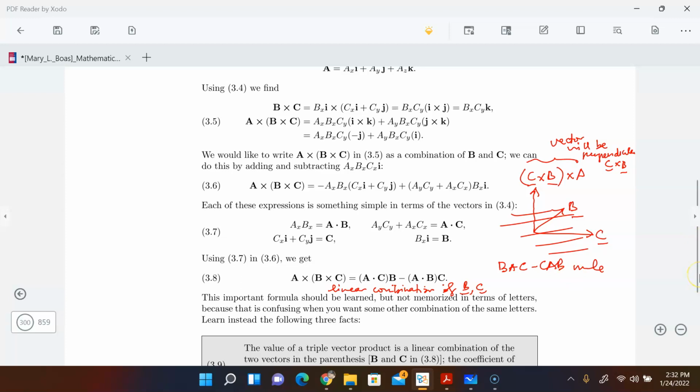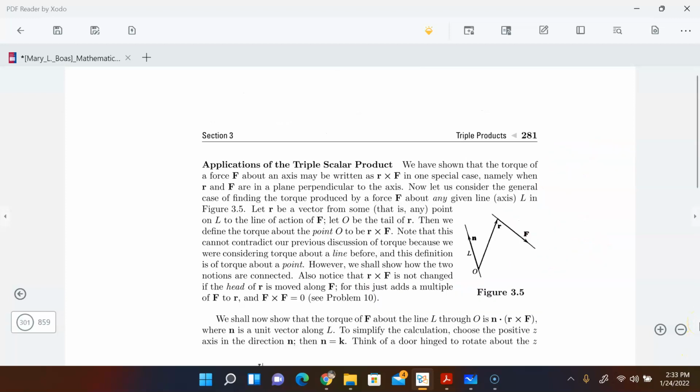Right. What else? Another example of a triple cross product is the idea of a torque, but instead of about the axis, about a perpendicular axis.